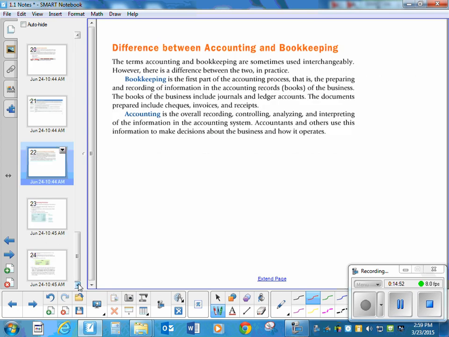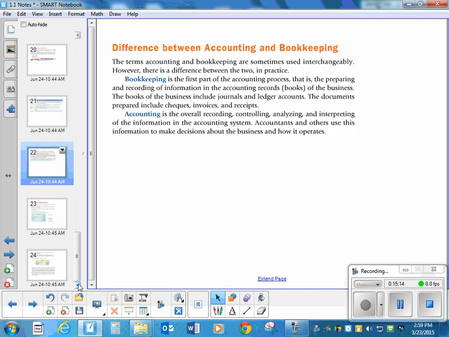Okay, the terms accounting and bookkeeping are sometimes used interchangeably. However, there's a difference between the two in practice. Bookkeeping is kind of the first part of the accounting process. You are entering stuff into the computer.